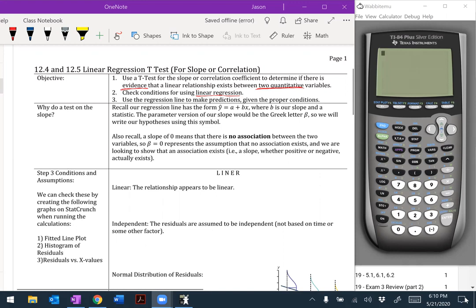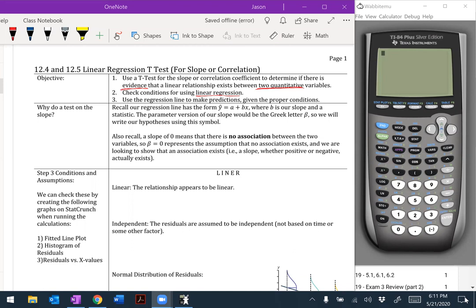We want to use a regression line to make predictions given the proper conditions. Why do a test on the slope? Basically, we're doing a hypothesis test on the slope. Why do a hypothesis test on the slope? Because sometimes we just want to know whether or not there's a strong or weak correlation. Is the correlation strong? Is the correlation weak?